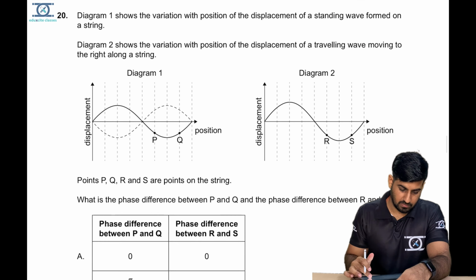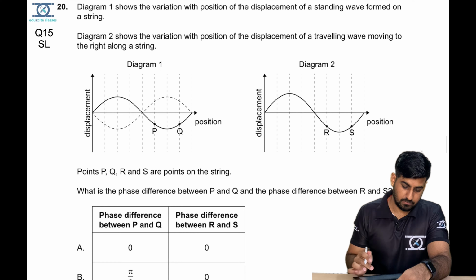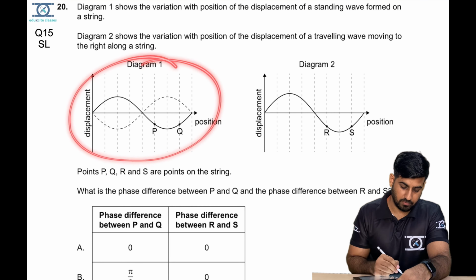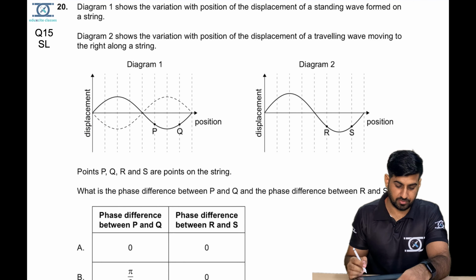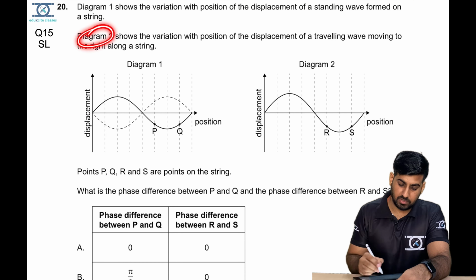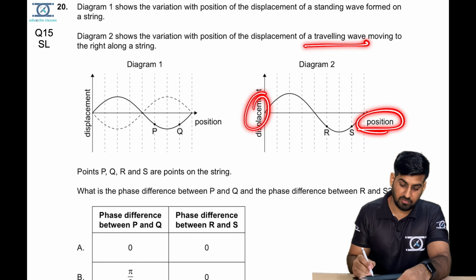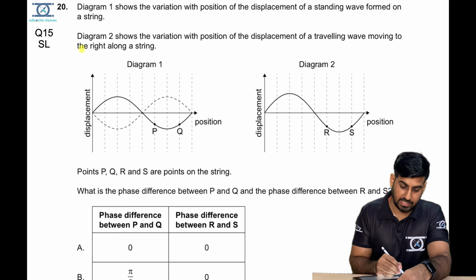Question number 20. This is diagram 1 of displacement versus position of a standing wave which is forming on a string. Diagram 2 is the displacement versus position of a traveling wave which is moving to the right along the string. This is very important.